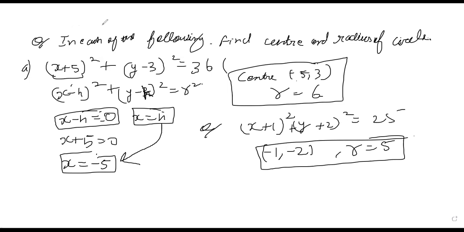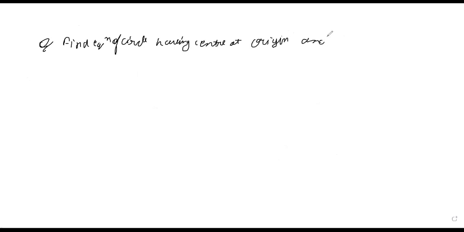I've noted it down. See, if the question says find the equation of the circle having center at origin and radius 2 units, what will be the equation?